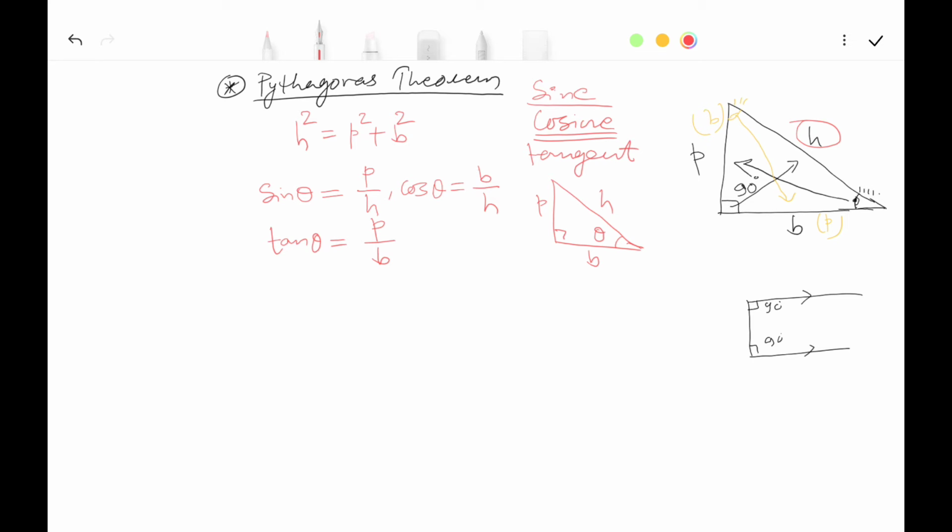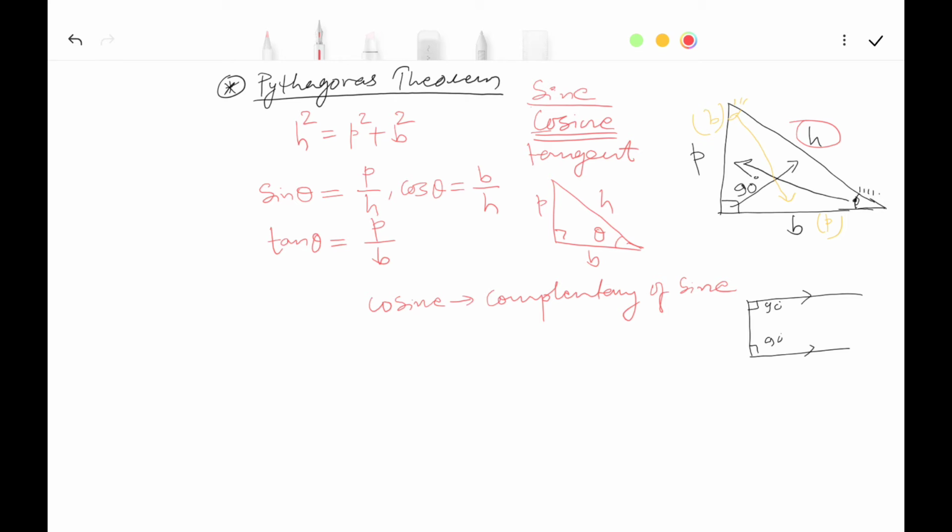Now we'll talk about why sine and cosine. This cosine simply means it is complementary to the sine, complementary of sine. So you can understand in this way. Now what are complementary angles?